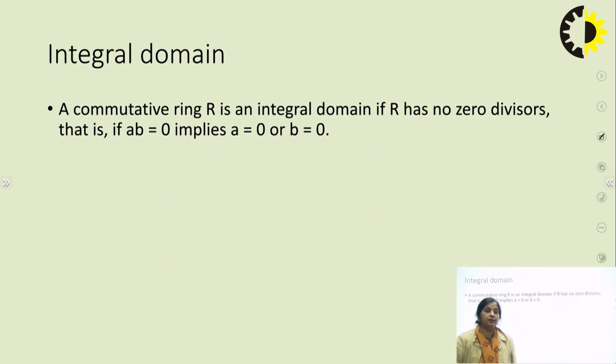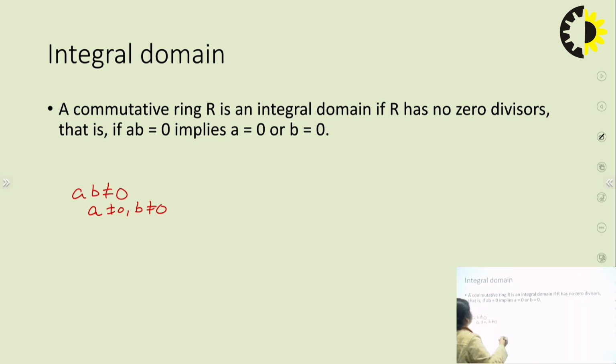Now, after studying these properties, we'll talk about integral domains and fields. A commutative ring R is an integral domain if R has no 0 divisors. R has no 0 divisors means AB cannot be 0 if A and B both are non-zero.